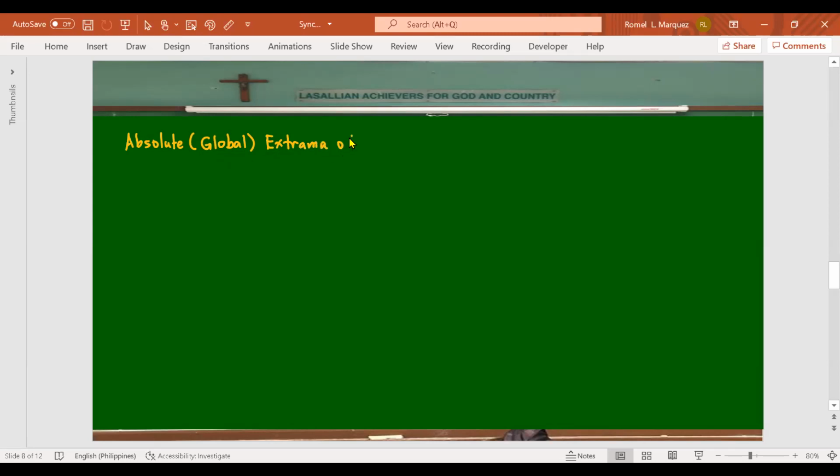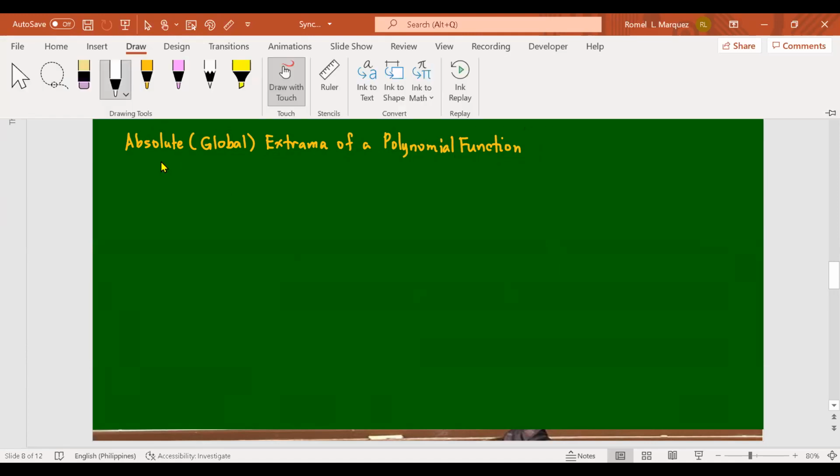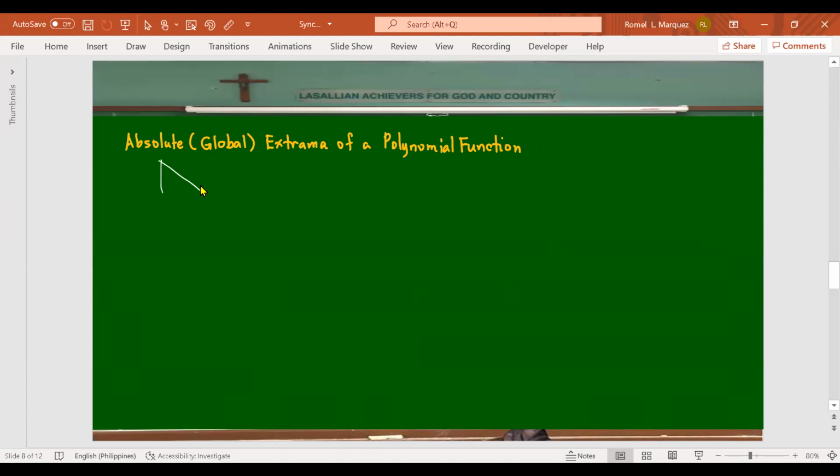Extrema of a polynomial. When you say global, it is the highest in the entire graph or the lowest in the entire graph. So again, what does this mean? Either absolute max or absolute min, or global.